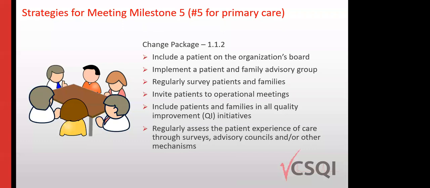Invite patients to your staff meeting. Include patients and families on any and all quality improvement initiatives you take. So for example, if on a survey you find that the wait time once the patient gets into the examining room is often noted as too long, you might form a group, or you might hold a staff meeting that addresses this to come up with ways to address it.